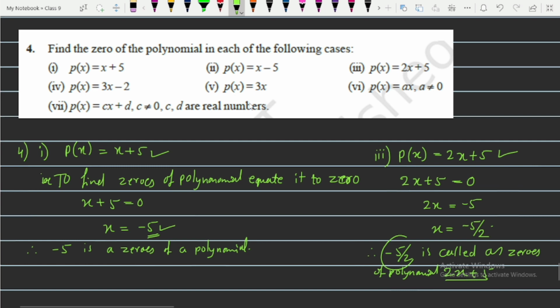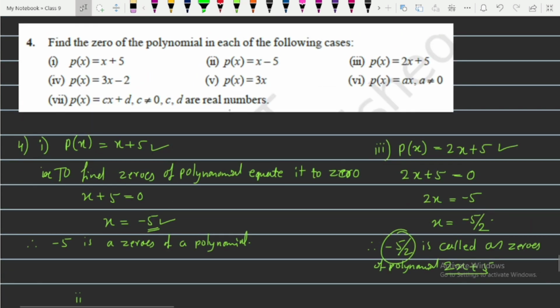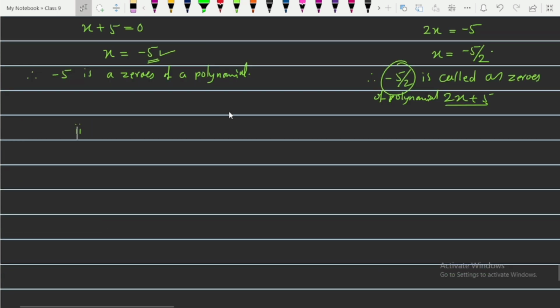In the same way you can find one more, that is the fifth question, p of x equal to 3x. I want to find the zeros of p of x equal to 3x. Again the first step is to equate the given polynomial to 0. 3x equal to 0.